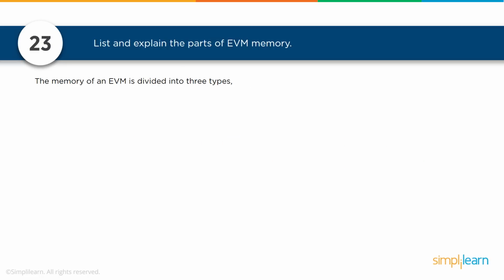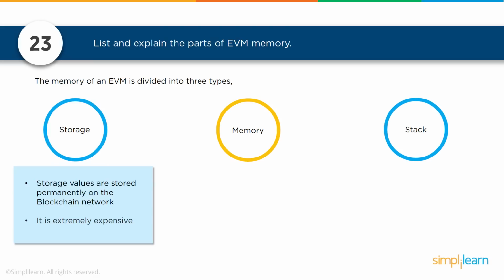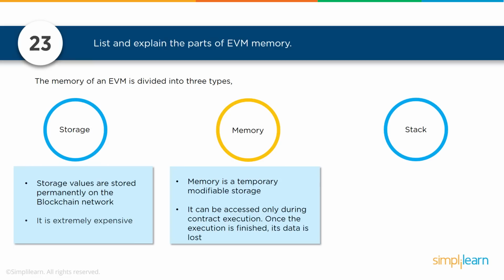List and explain the parts of EVM memory. So the memory of an EVM is divided into 3 parts: storage, memory, and stack. Storage values are stored permanently on the blockchain network, and it is extremely expensive. So whenever you try to modify a storage-based variable, you have to pay gas for it. Memory variables are a temporary modifiable storage area.